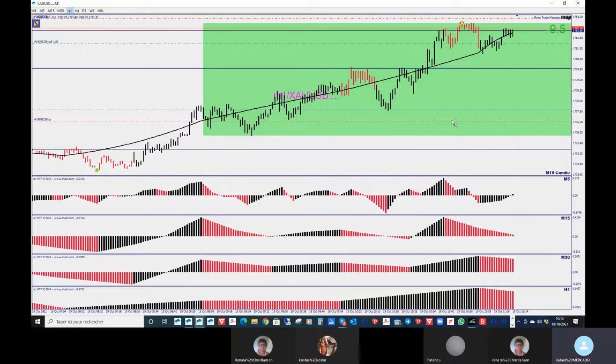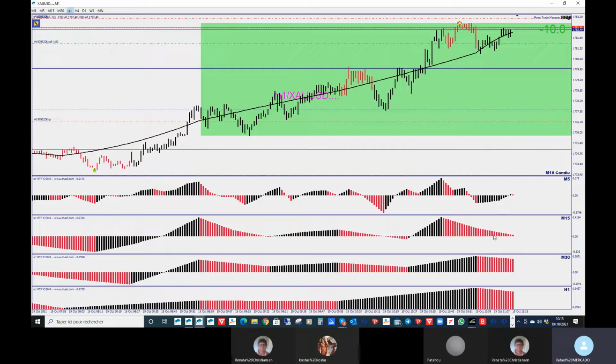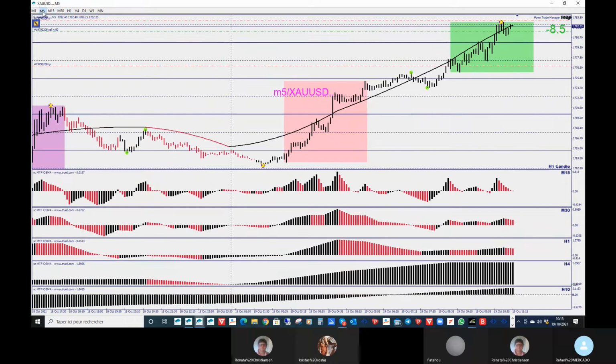Yes, my thinking is that this is going to be a loser trade. The 4 hour is in transition. You see, it goes from blue to red, red to blue.